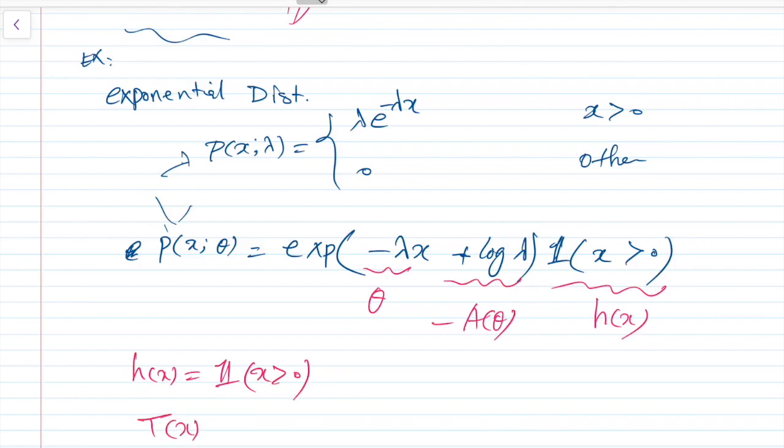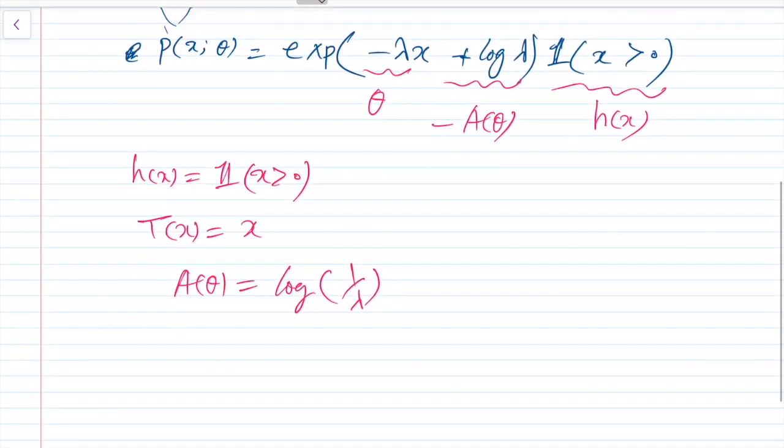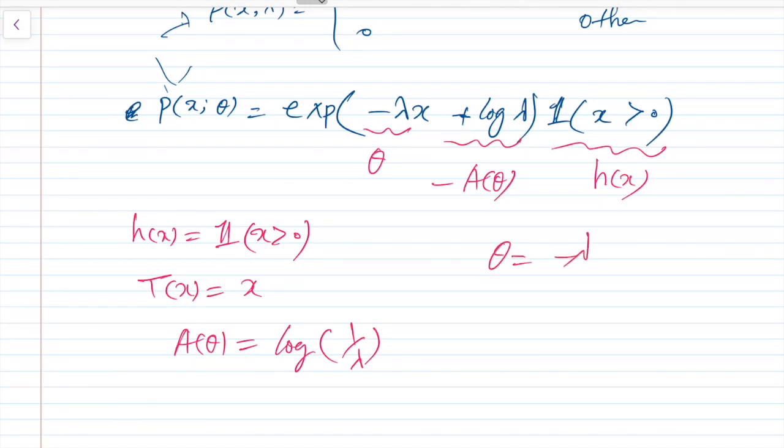What is my T(x)? x, exactly. What is my A(theta)? Yeah, exactly, log of 1 over lambda, basically. And if I want to say that my theta is minus lambda, then I need some sort of minus here.